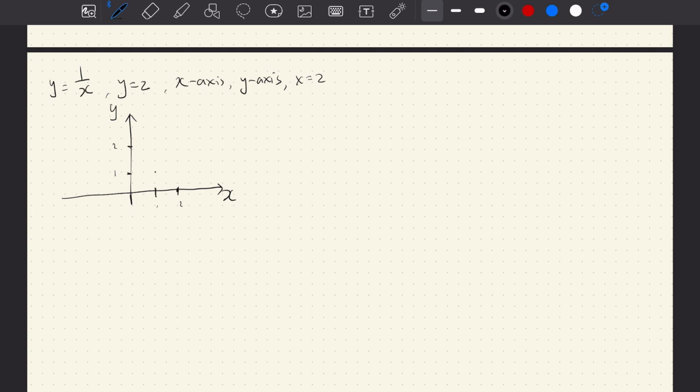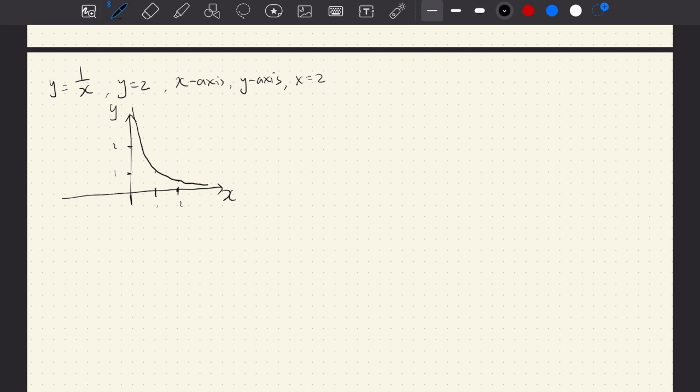And it should go through (1, 1), because if you plug in 1 into x, then you get y equals 1. And also here, when x is equal to 2, y is equal to a half. And when x is equal to a half, y is equal to 2. So you have a curve shaped somewhat like this, okay?